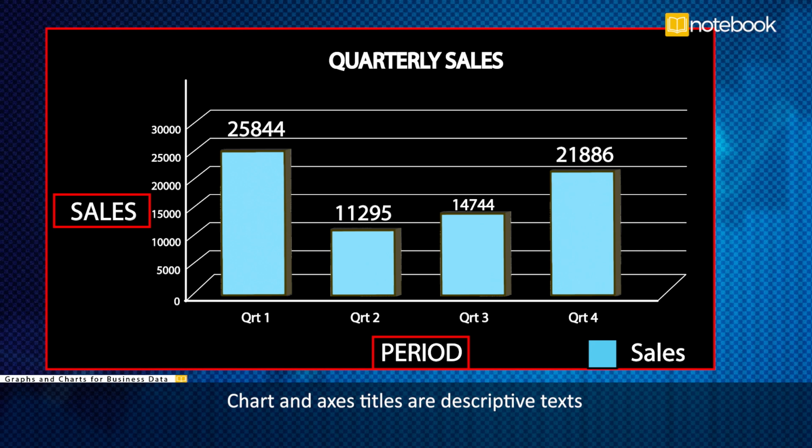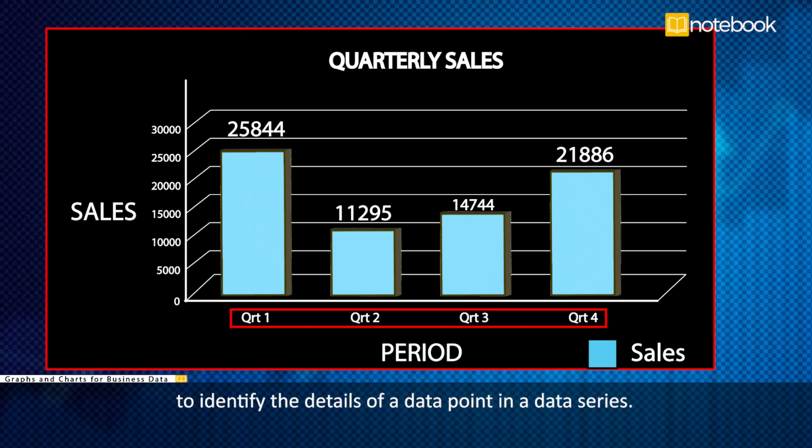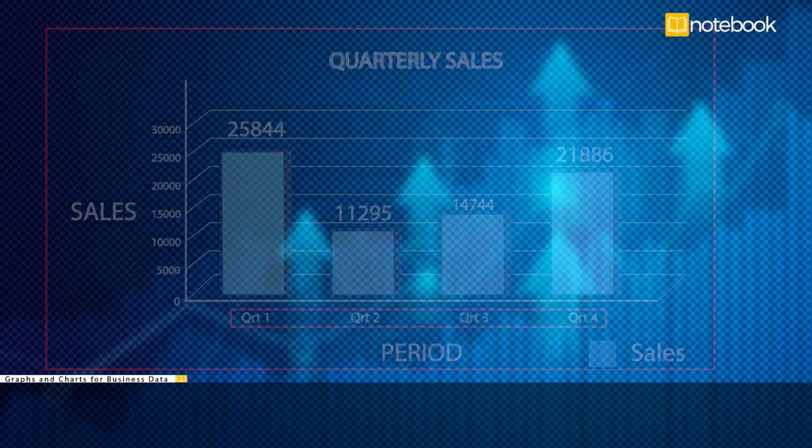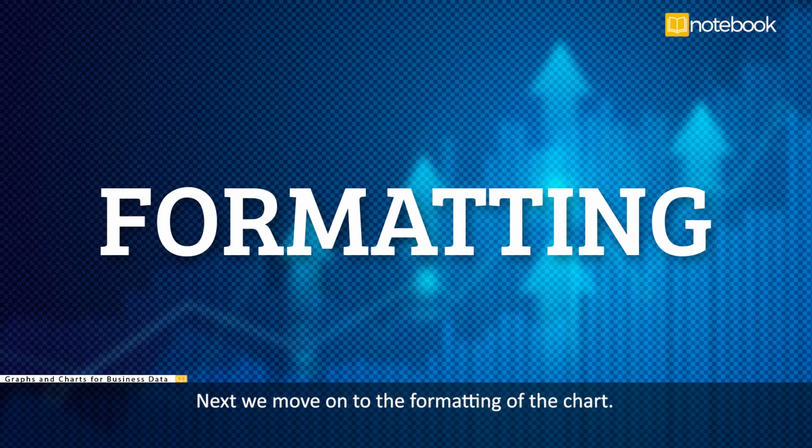Chart and axis titles are descriptive texts. A data label provides additional or top-up information for a data marker to identify the details of a data point in a data series.